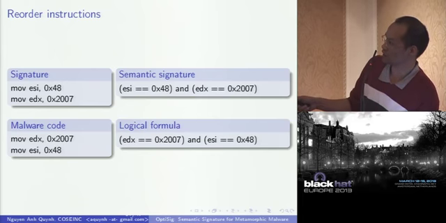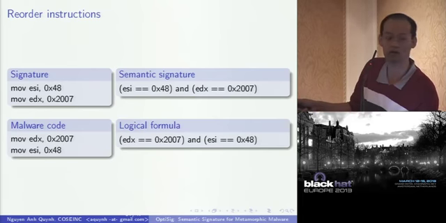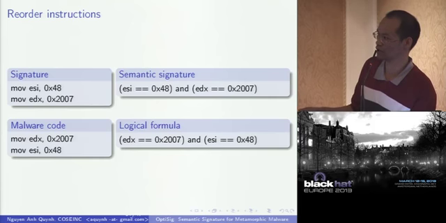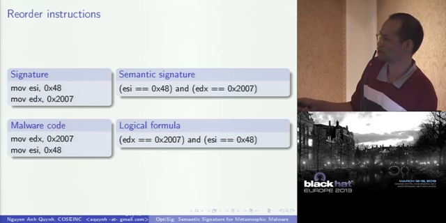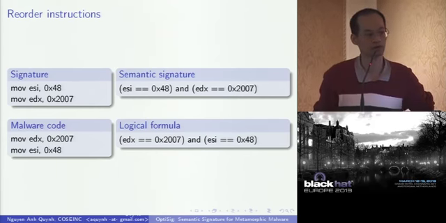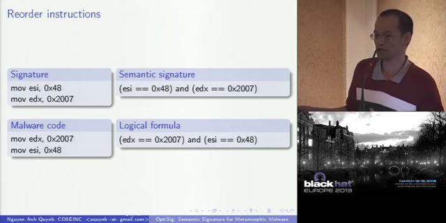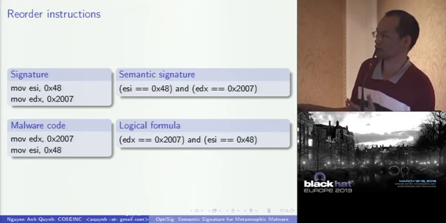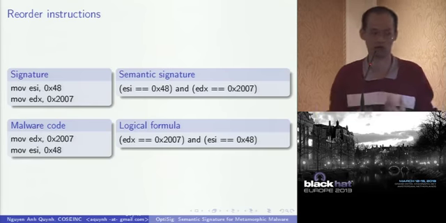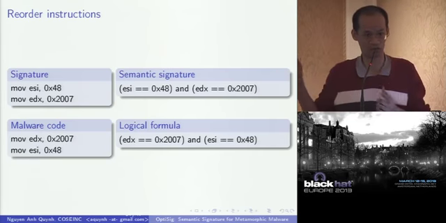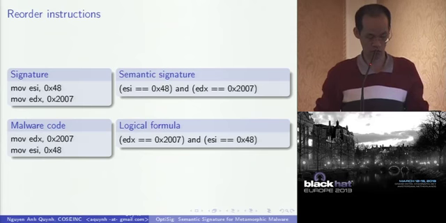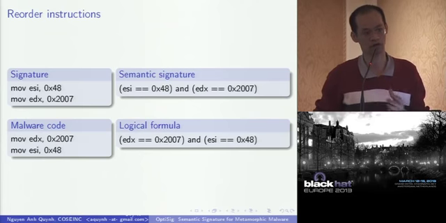With the signature, we have this logical formula, and with the reordered instruction code, you have another logical formula. You can see that they do the same thing, and the SMT solver can tell us that these two are equivalent. It can do this work very well. So we handle the last transformation, reordered instructions.